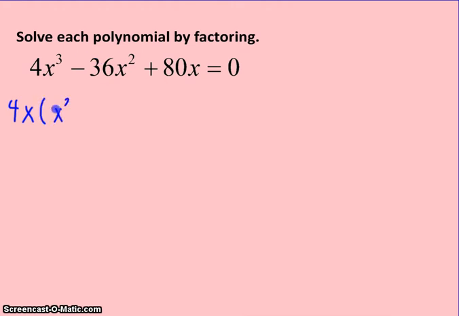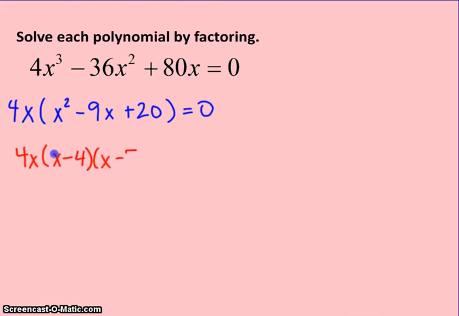So I'll be left with x squared minus 9x plus 20. Then we will factor what's inside the parentheses, leaving the 4x out front. The two numbers that multiply to positive 20 that add to negative 9 are negative 4 and negative 5.